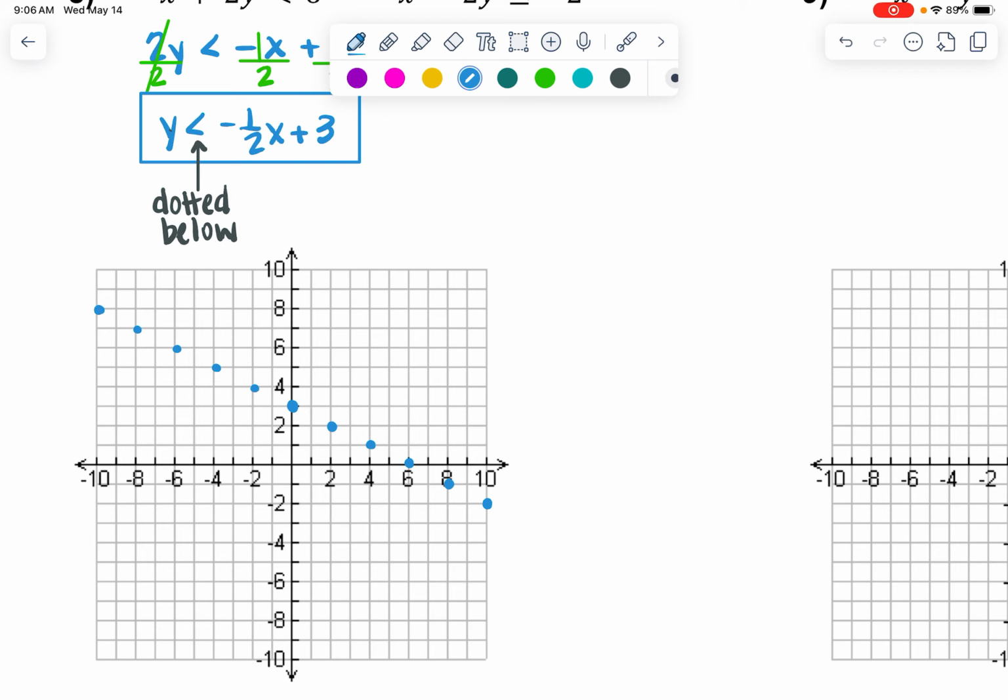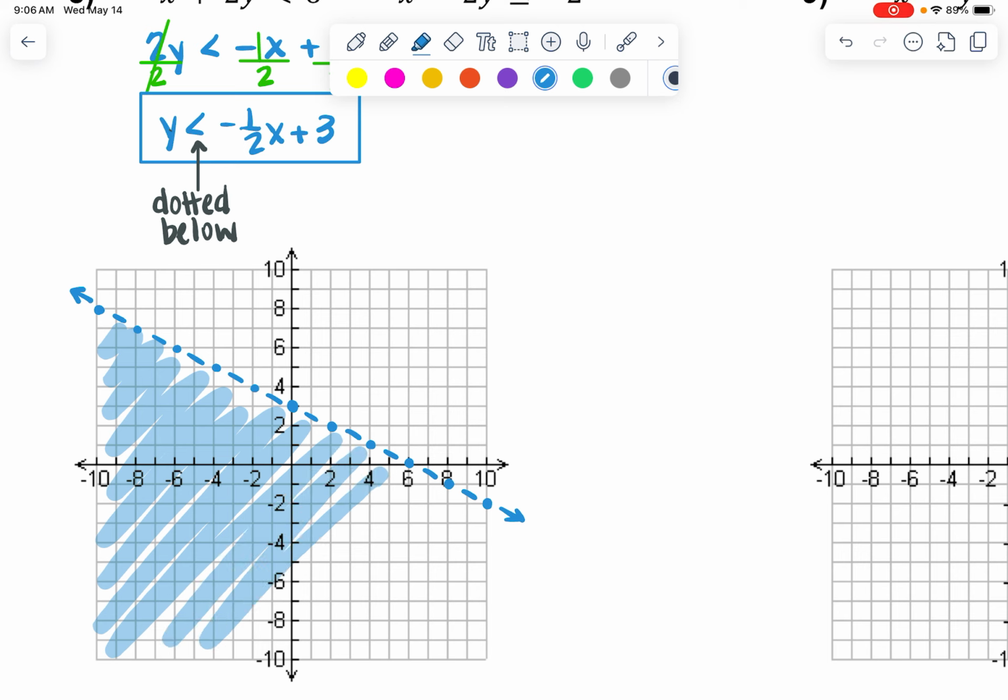Okay, and then I'm going to dot it, and I just realized I didn't dot the other graph. As soon as I started dashing this one, I just realized that. I'll go fix it in a second. All right, so dotted, and then we're going to shade below the line. Okay, so there's all my solutions for that guy.